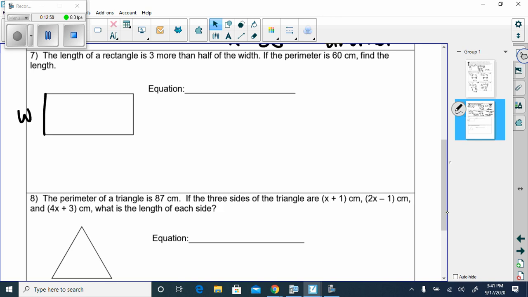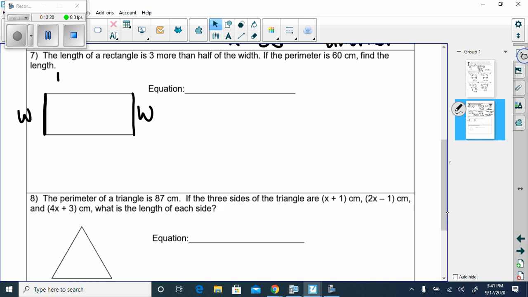So this one here and this one here should be the same, right? So it's also W, which would make the top and bottom my length. It says the length of a rectangle is 3 more than half the width.